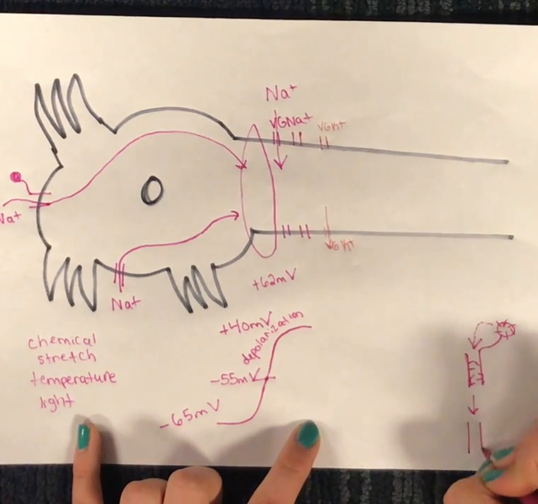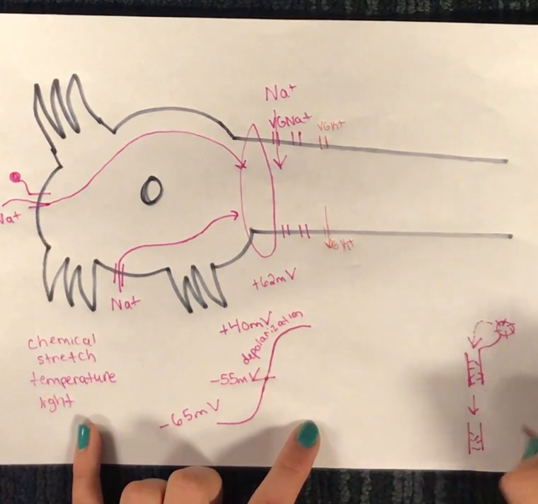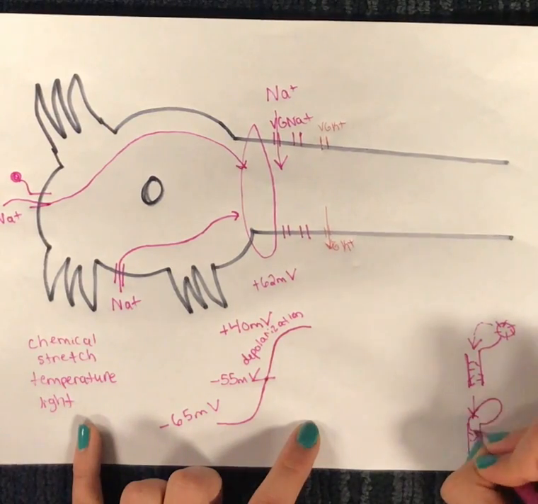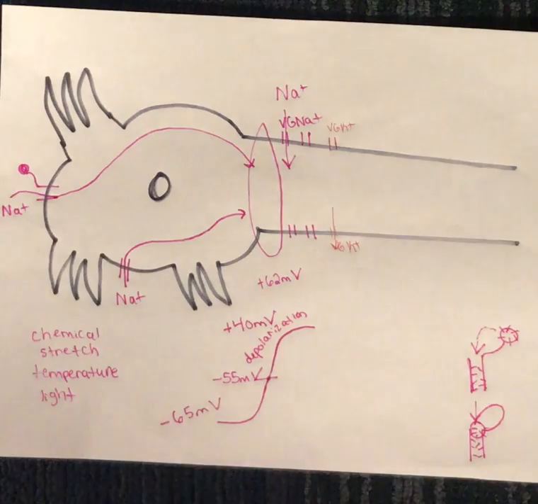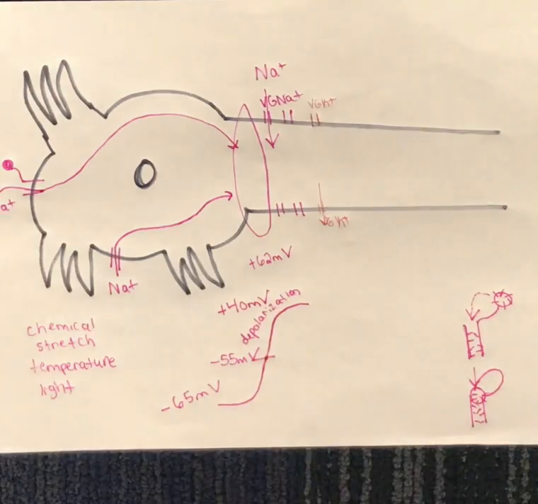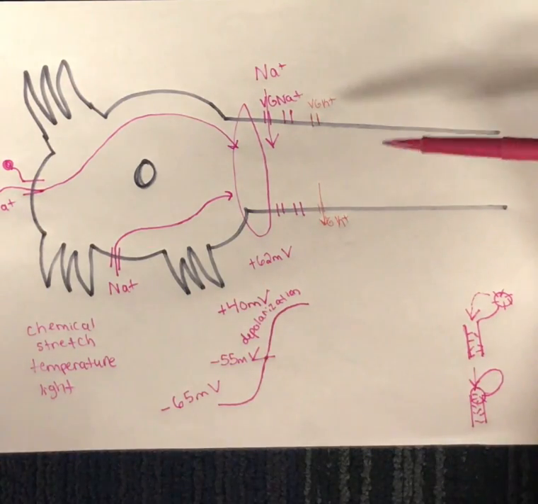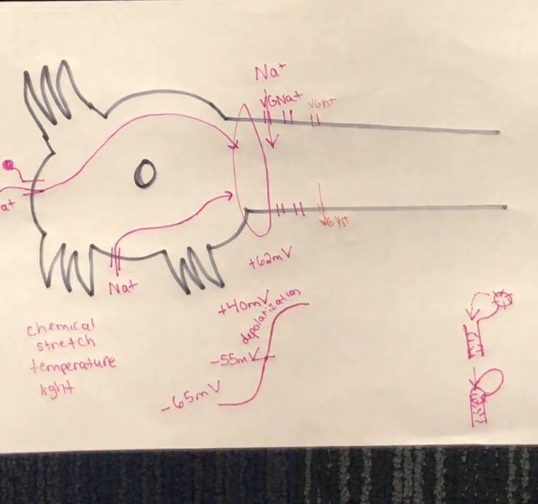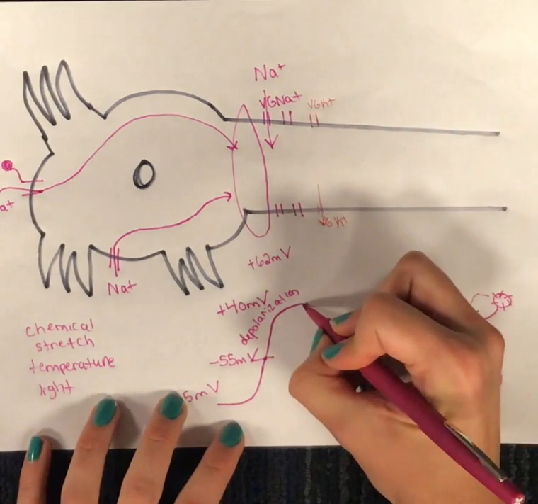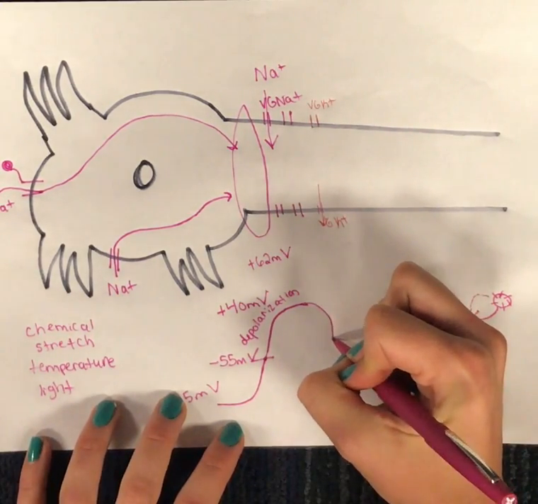It actually plugs the hole, so to say, of the channel. So sodium is no longer allowed to come inside. Because potassium has started to leave and sodium is no longer allowed inside of the cell, we start to see a decrease in membrane potential and it becomes more negative.